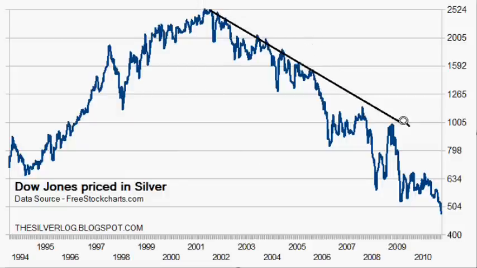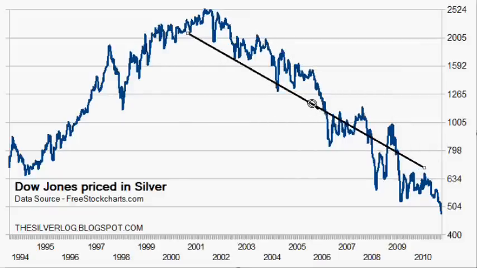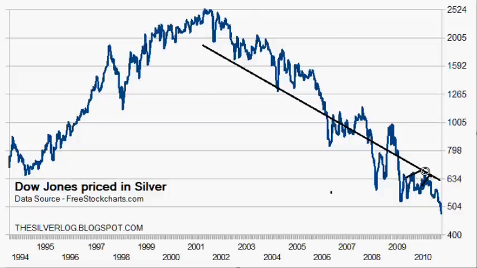If we take the original downtrend line, it hasn't been tested for quite some time. If we move it to where it was support, we can see that on its last leg higher, it acted as a level of resistance. Now in 1980, when silver was at 50, the Dow Jones was under 1,000.